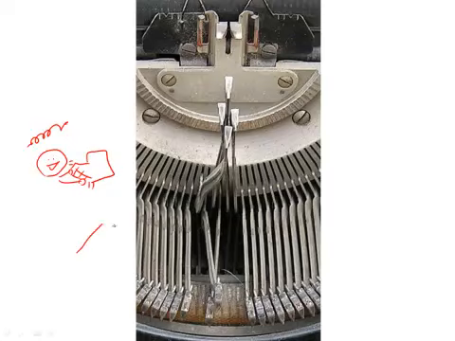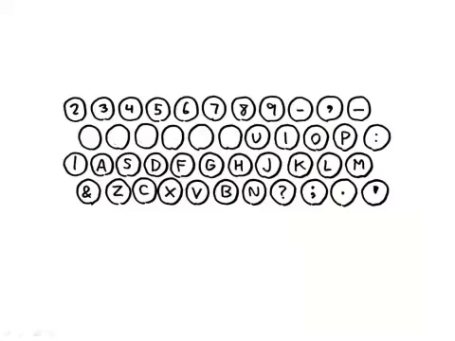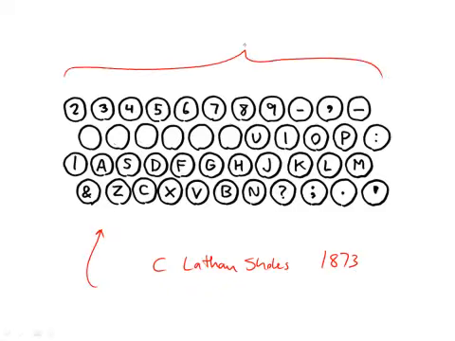Well, very soon, the keys, the actual metal keys, would get snarled up, and the entire machine would just come to a complete stop. So what happened, in order to avoid our machines from getting locked up, was a man named C. Latham Scholes, way back in 1873, came up with an interesting way to lay out the keys on our keyboard so that we would not be able to go fast.